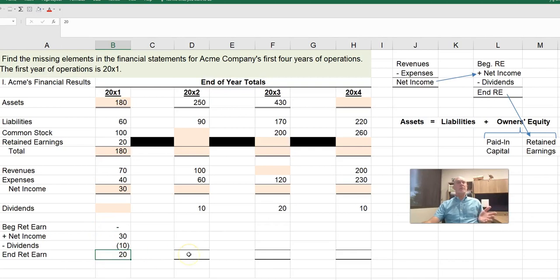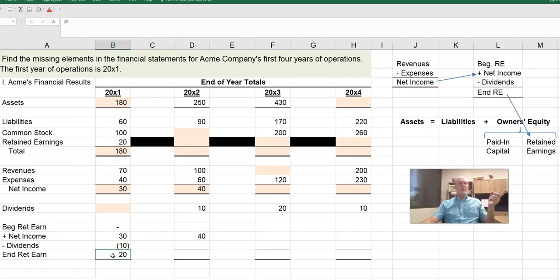Now let's go to the end of year 2. On the balance sheet, we're missing 2 things, so we're going to have to start somewhere else. Revenue minus expenses, 100 minus 60. We can see that our net income is 40. And then that 40 will go down here and is added to our beginning retained earnings, which we know is whatever we ended last year with.